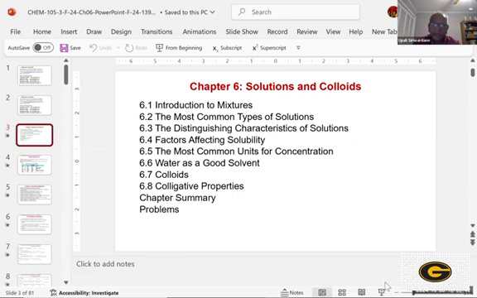Colligative properties, as the name implies, are properties of homogeneous mixtures that depend on the number of particles of solute that goes into a certain amount of solvent. Solvent is the bulk part of the homogeneous mixture. So we're going to go over this. Once we go over this, you're going to understand.